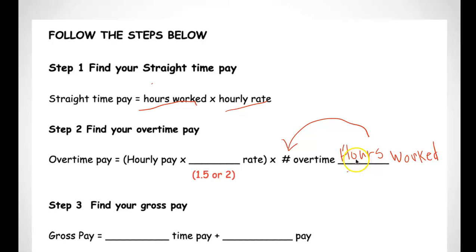If you got 6, that number would go in here. So for step 2, you're taking your hourly pay times 1.5 or 2 times your hours worked. Then you have a step 3, where you're going to write straight time pay plus your overtime pay.